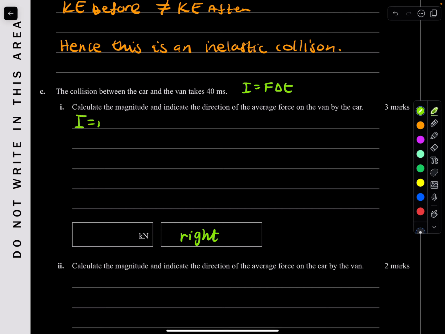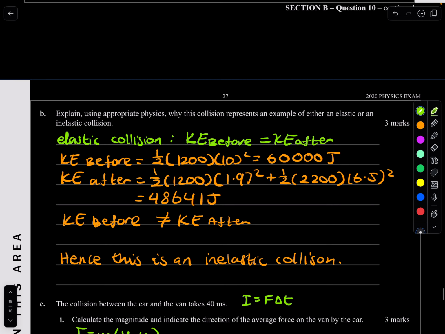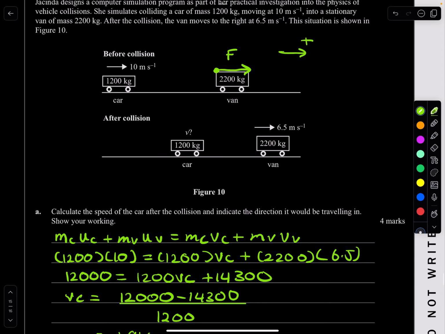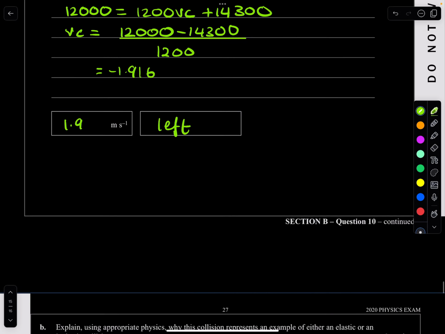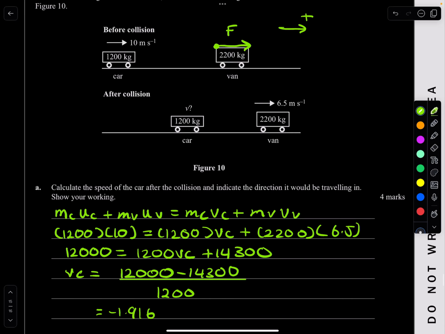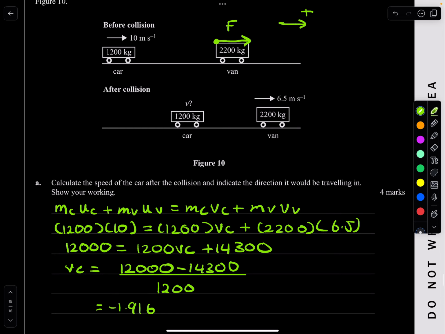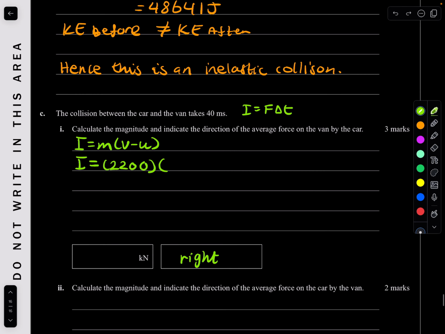So remember your impulse, which is just your mass times your change in velocity. The mass, in this case, is actually the van, because that's where the collision has happened to it. It's pretty much taking the force in. It's the van. It's 2,200. The final velocity of the van after the collision is 6.5, and it was initially at rest, so it's pretty much 6.5.